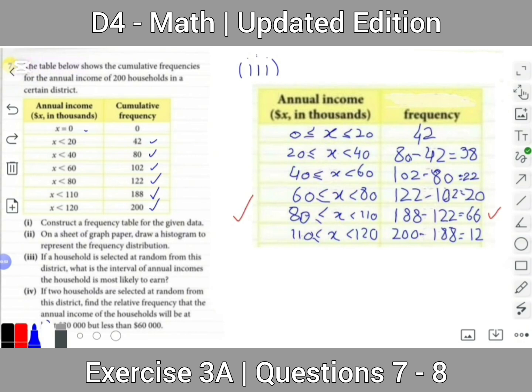So for the class interval 80 to 110, the annual incomes of the household is most likely to earn.